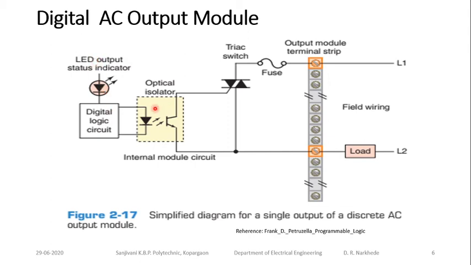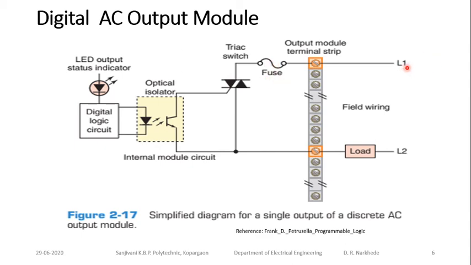So the basic working of this output module is simply this. After getting the signal from the processor, this optical isolator circuit will get activated. The optical isolator LED will emit light that falls on the phototransistor. The phototransistor goes into conduction mode and gives the triggering signal to the triac. The triac turns on.